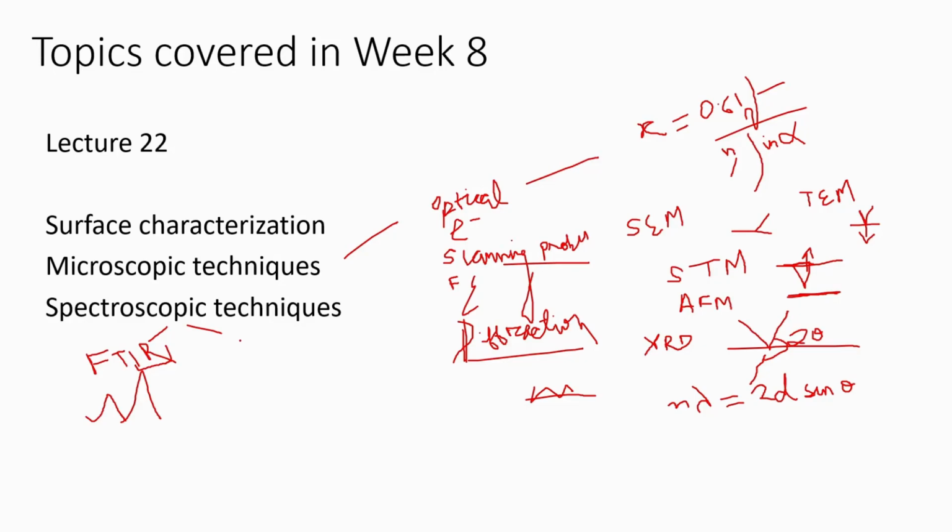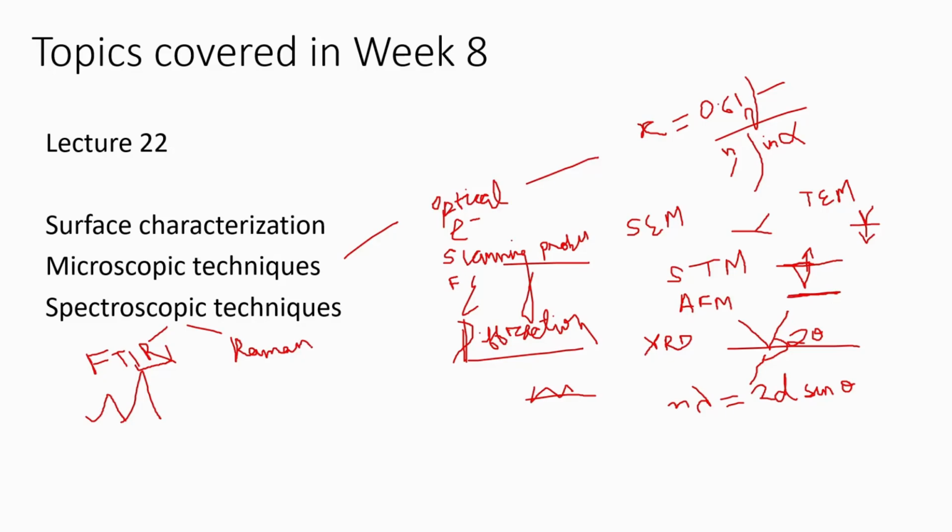Then another technique was discussed, which is Raman spectroscopy. Raman spectroscopy basically uses a monochromatic laser to analyze rotational, vibrational, and other modes of molecules in a system.